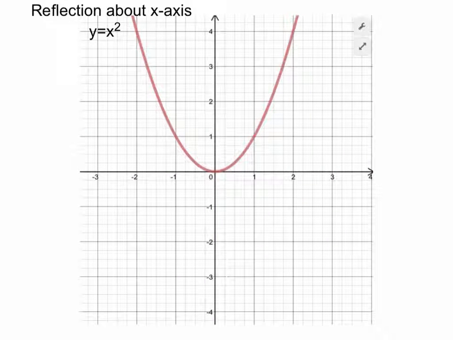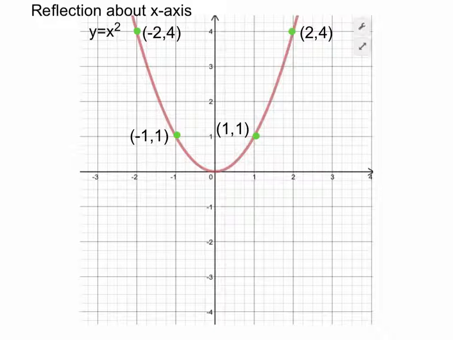Now, I'm going to reflect the graph of y equal to x squared about x-axis. Let's see what will happen. Firstly, I will select 4 points on the original graph. They are (-2, 4), (-1, 1), (1, 1), (2, 4). These 4 points will reflect about x-axis. The image and the original point are equal distance from x-axis.